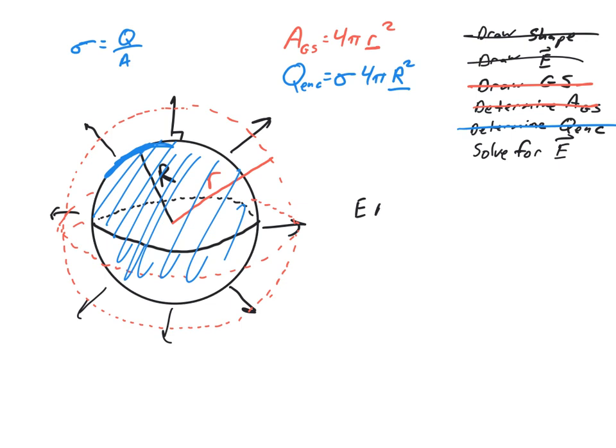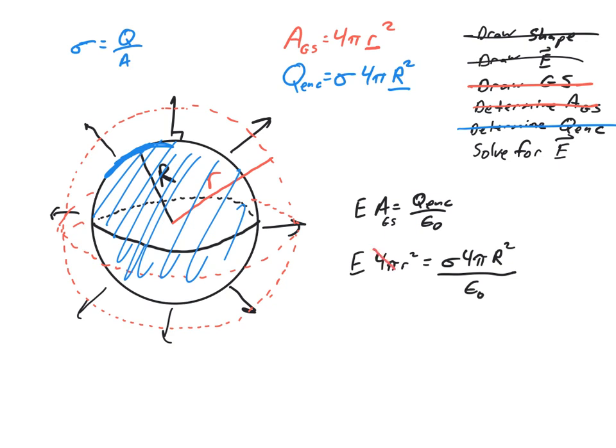E A equals Q enclosed over epsilon naught, and that's the area of the Gaussian surface. The electric field multiplied by 4 pi lowercase r squared is equal to sigma 4 pi capital R squared divided by the permittivity of free space.